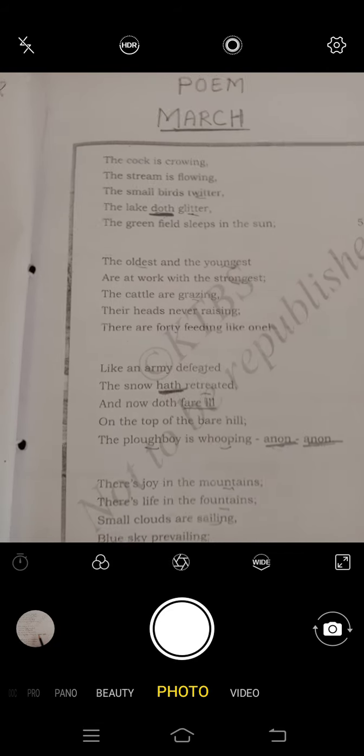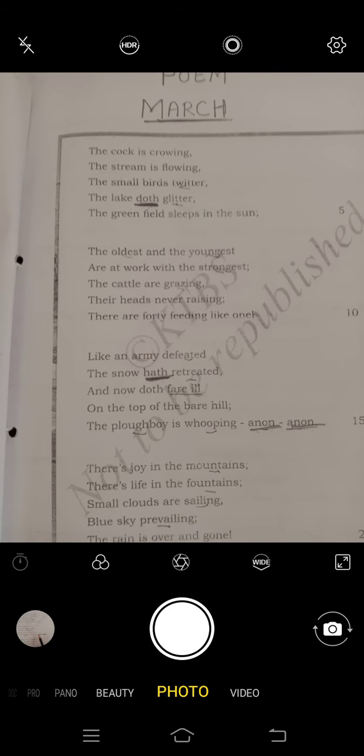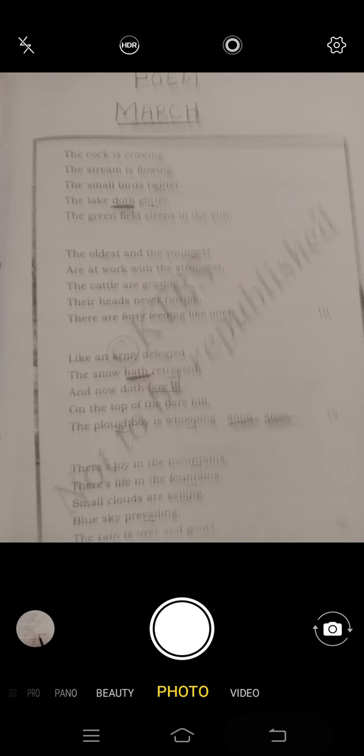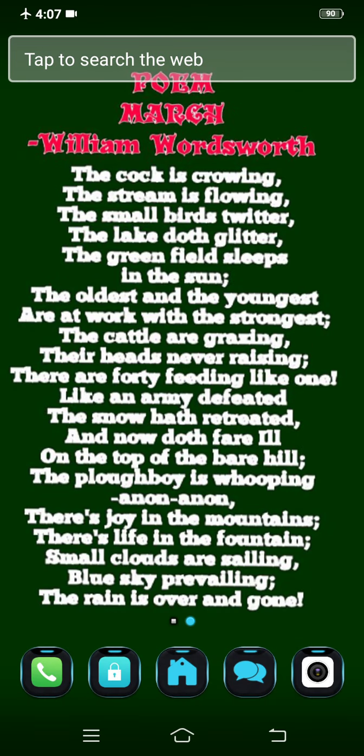So, the poem written in March brings out the essence of nature and shows how human life is affected with the withdrawal of winter and commencement of spring.